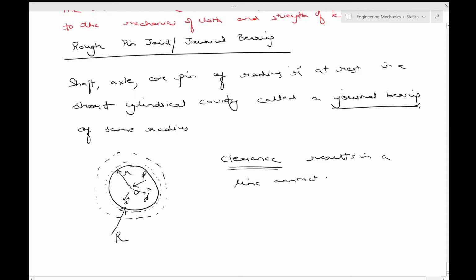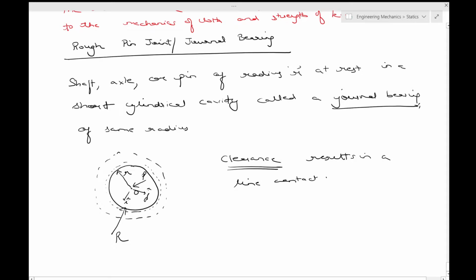Say this is the rotating part and this is the stationary part. Then we will have a line contact over here. So this is what we are referring to. This is a slightly modified figure, but yeah.